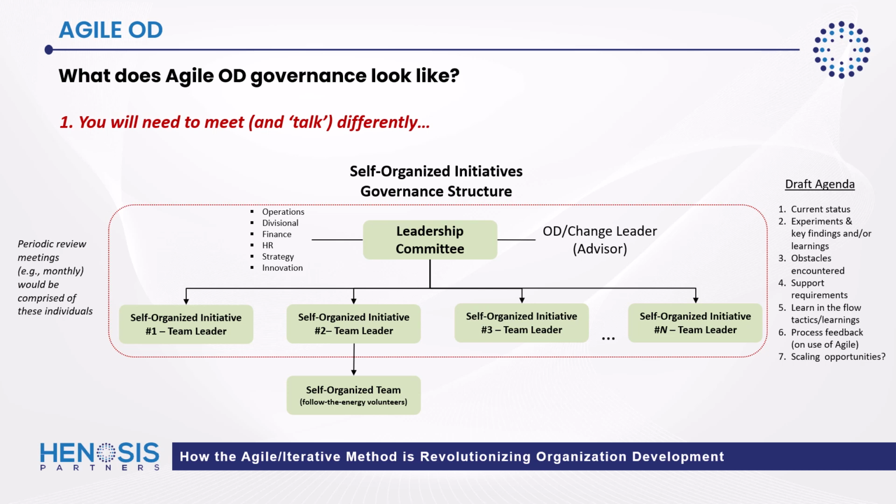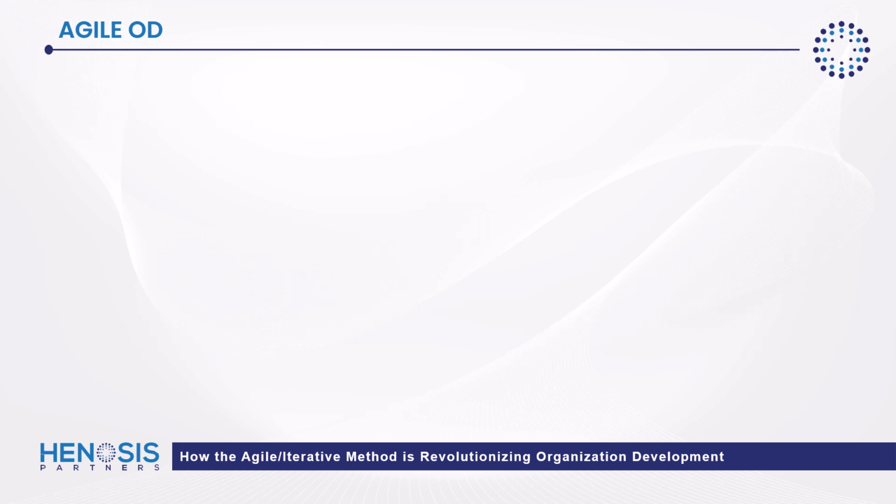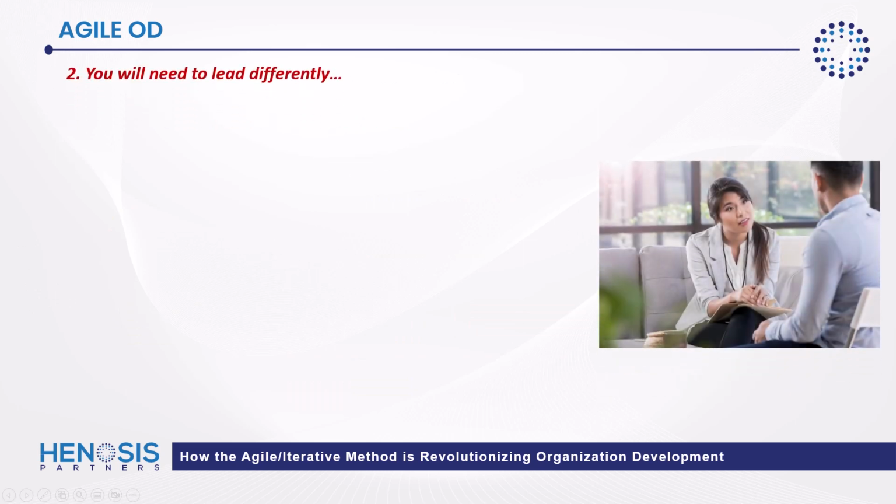And finally, depending on the status of an initiative and the value that a particular experiment is deriving, there would also be talk on maybe how to scale a particular innovation or solution further beyond just the convening team. So this is just one way to properly manage Agile OD. In order to properly manage Agile OD, an organization will also need to lead differently.